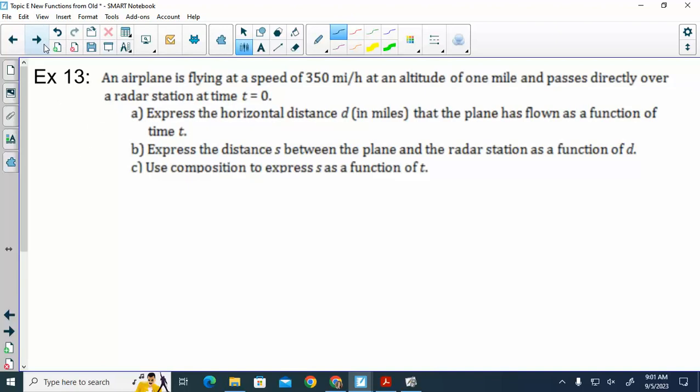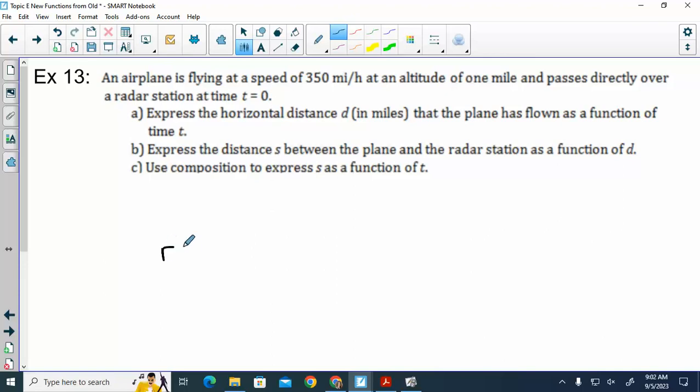Let's do another one together before I have you guys try one. An airplane is flying at a speed of 350 miles per hour at an altitude of 1 mile and passes directly over a radar station at time 0.